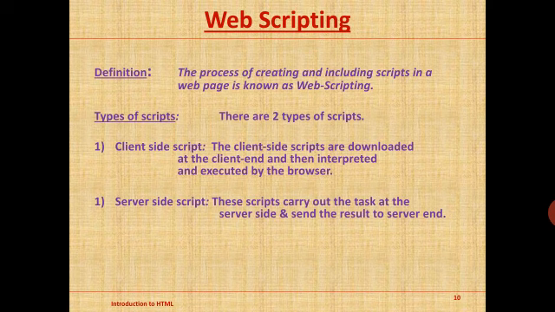The programming languages in which the scripts are written are known as scripting languages. For example, VB Script, JavaScript, Java Server Pages, ASP, PHP, etc. All these are examples for scripting languages.